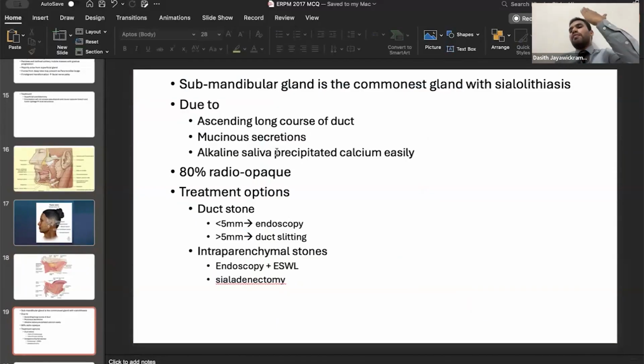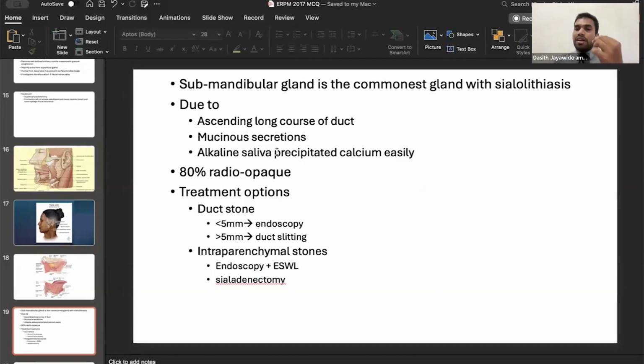It doesn't drain along gravity, it has to go against gravity. So the secretions tend to stagnate. So what happens when things stagnate? It gets calcified.